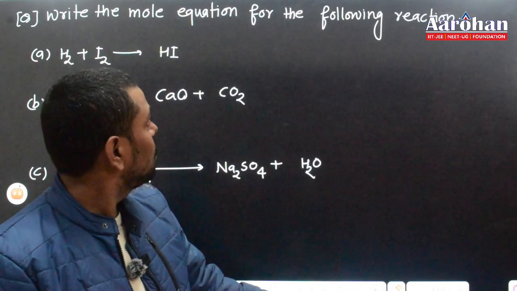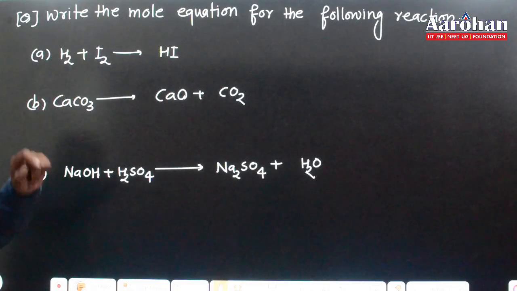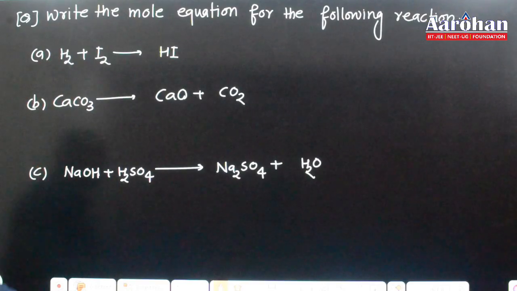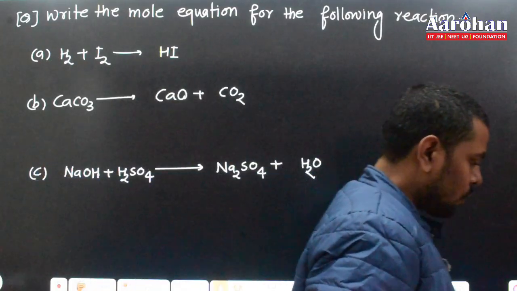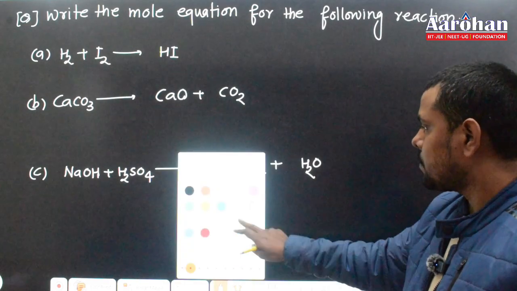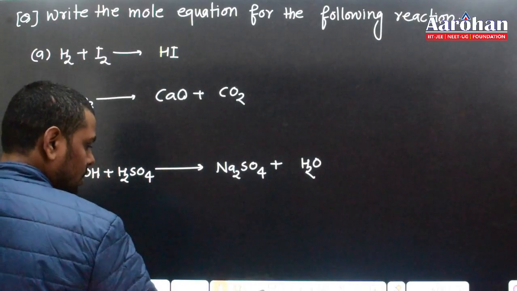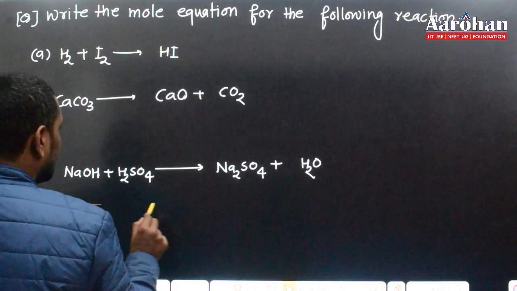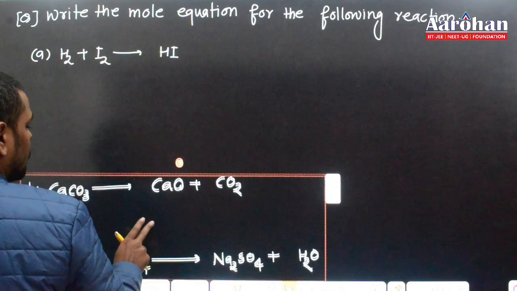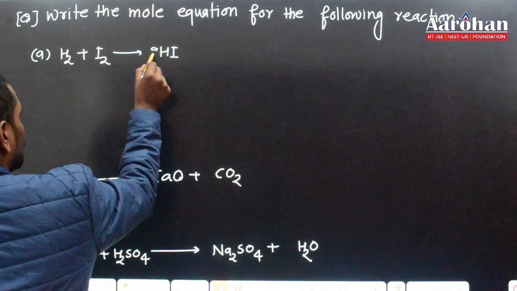Here there are 3 questions. Write the mole equation for the following reactions by balancing them. First, balance the reaction of H2, I2 and HI. We get H2 plus I2 forms 2HI.